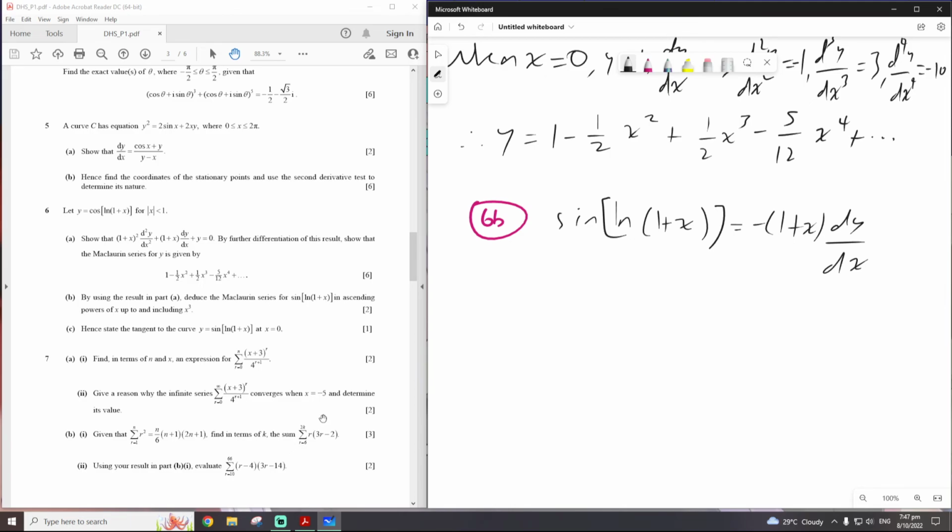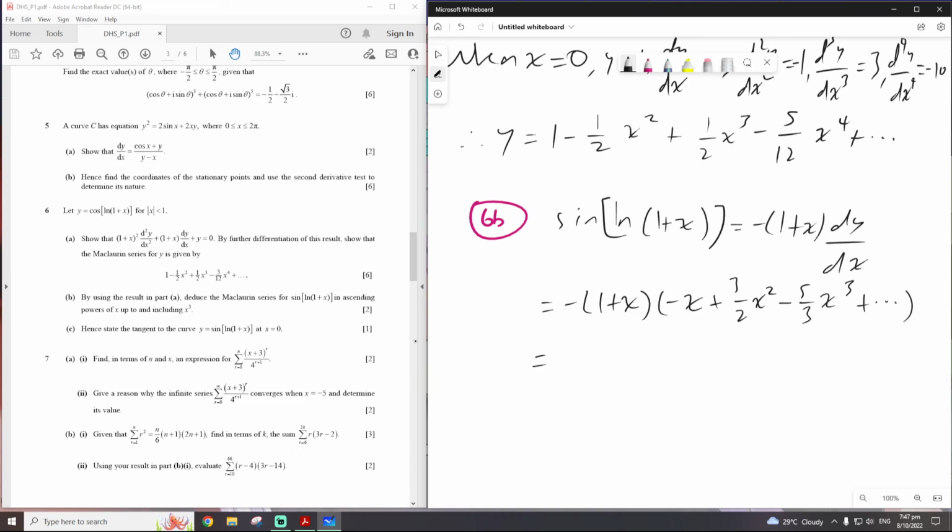So we can actually take the derivative of this series. So this is negative (1 plus x), and then we take the derivative of the first terms. The 1 is gone, so differentiate this term, you get negative x. Differentiate x cubed, so you get plus 3/2 x squared. And you're deducing it up to the power x cubed, so you just need an x cubed term. That will be minus 5/3 x cubed. And that's it. You do not need any more terms from here.